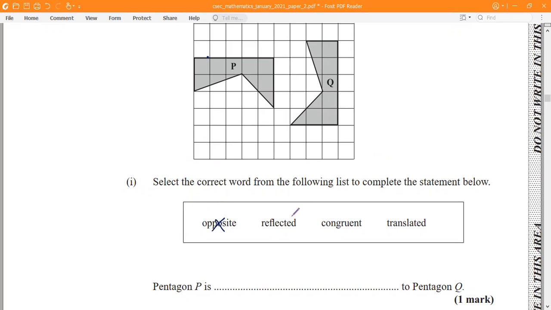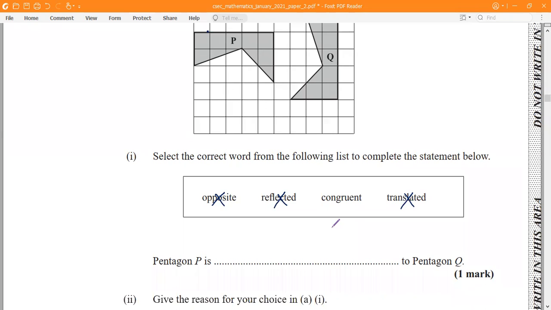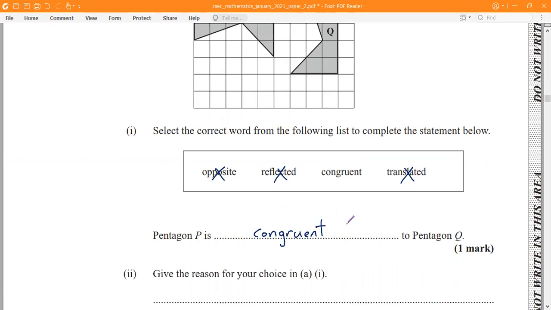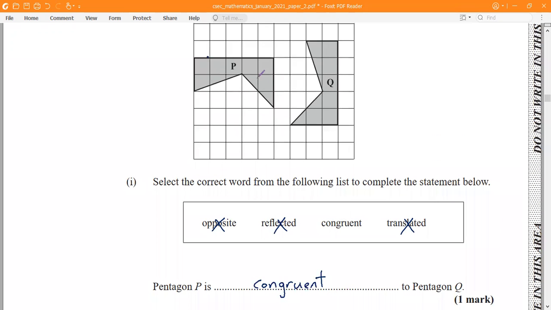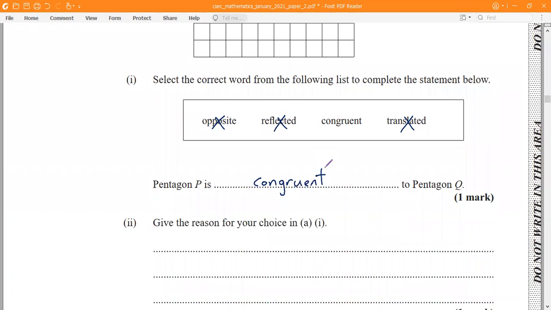So these words did not work, and therefore the only word we end up with is congruent. The reason why is because pentagon P and Q are identical in every respect.